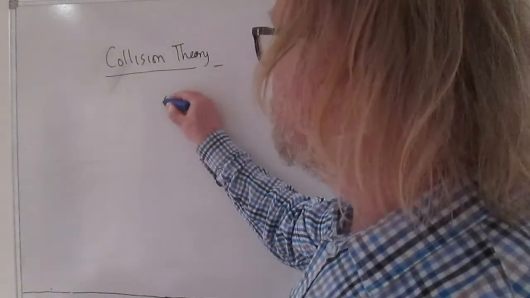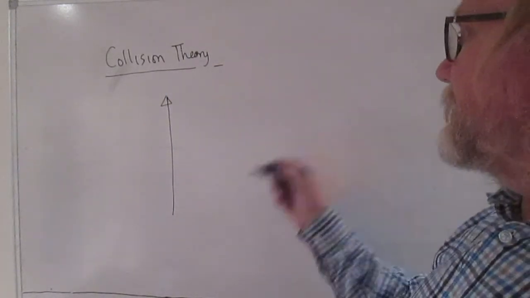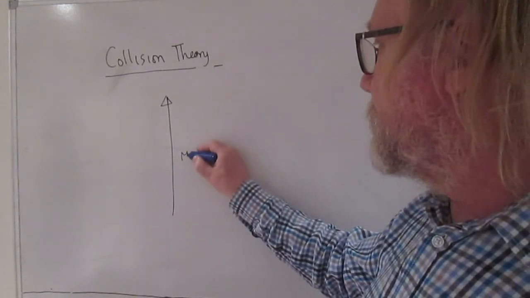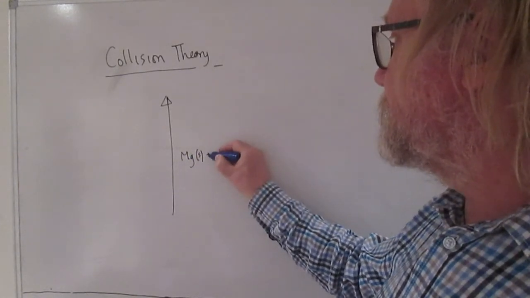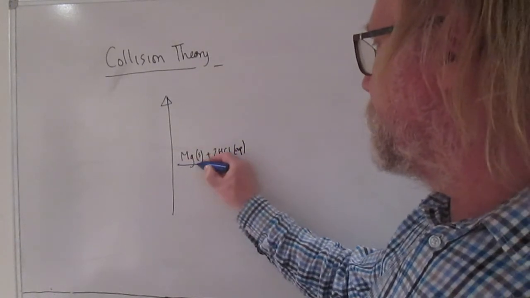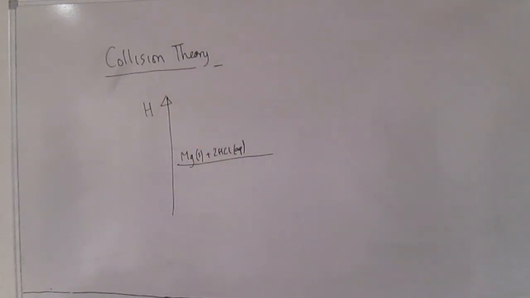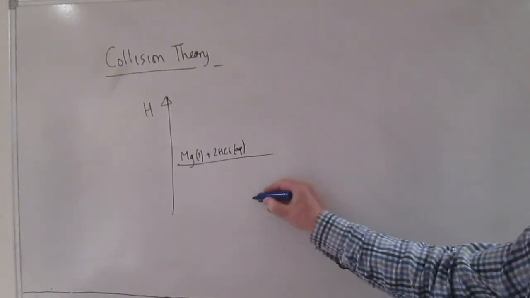So now let's come back to this idea of activation energy, the idea that it's not enough for the molecules to collide, they have to collide with sufficient energy for a reaction to happen. And we can express that idea using an enthalpy profile diagram. So if we're thinking about, say, the reaction of magnesium plus hydrochloric acid, which is an example we've been using a bit, that will have a certain enthalpy, if we put enthalpy on here, and it's an exothermic reaction.